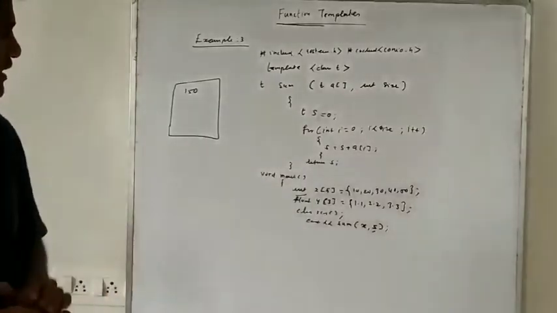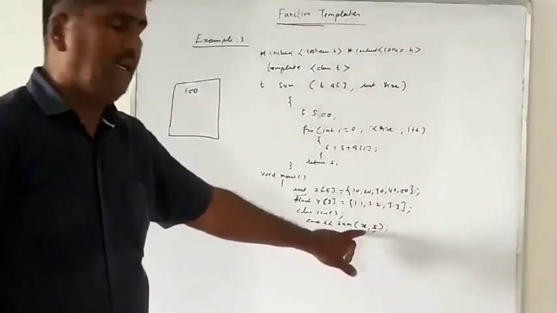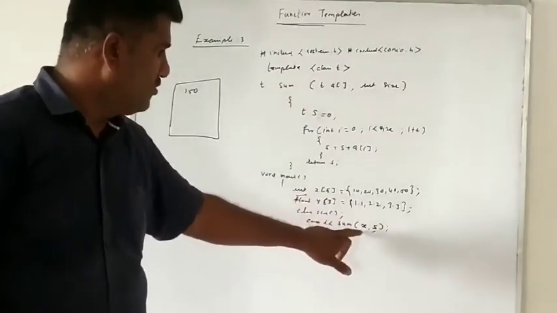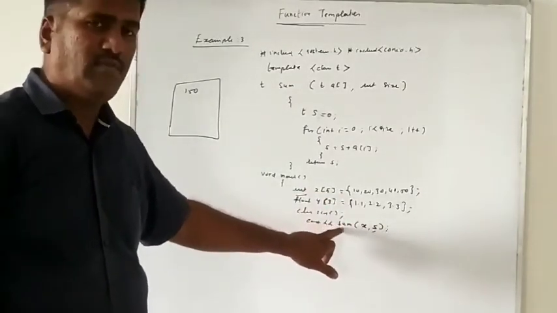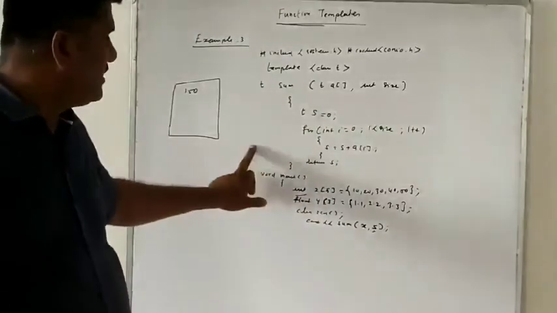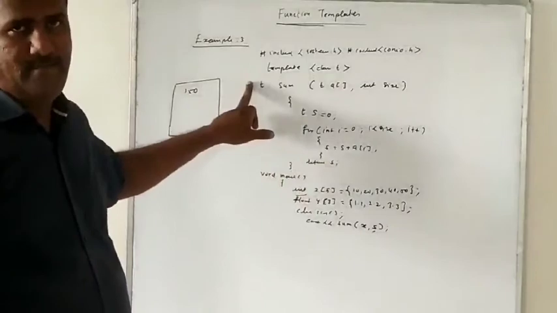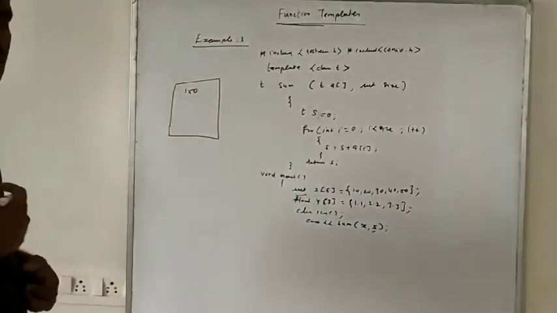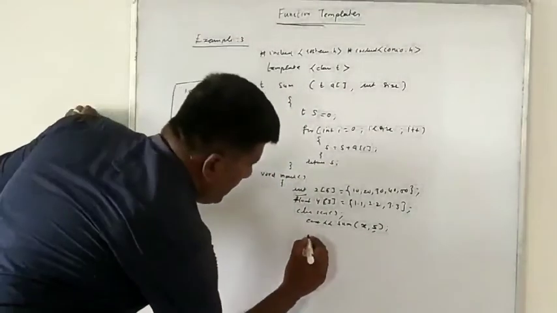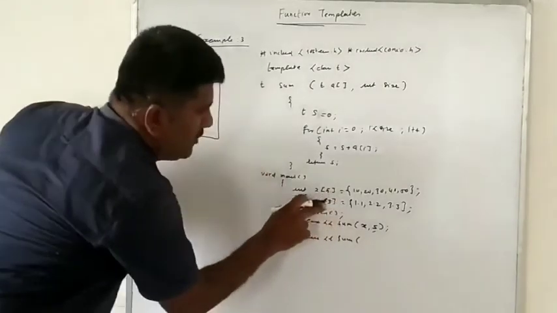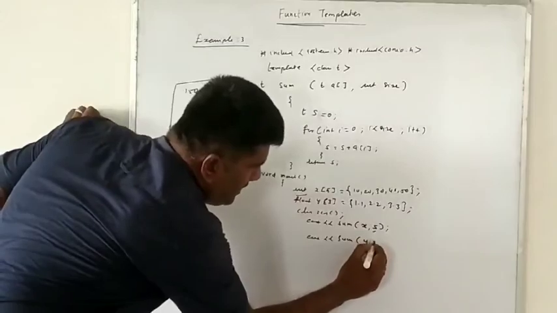So here you pass the integer array, and the integer array size is 5. When you call this function template, everything acts as an integer. Suppose I call with a float: cout sum of float array y, size is 3.